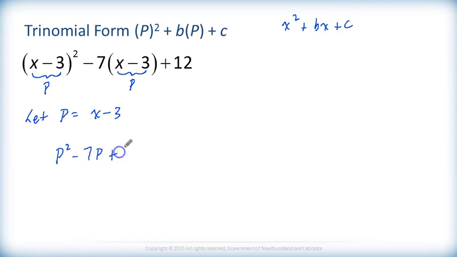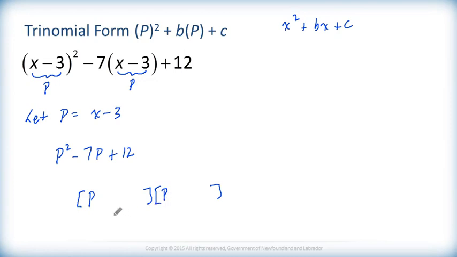Now from recording 1A, we know that when we go to factor, and notice that I'm using these, I'll call them square brackets, the first terms must multiply to give us the first term of our trinomial. So p times p obviously does that.